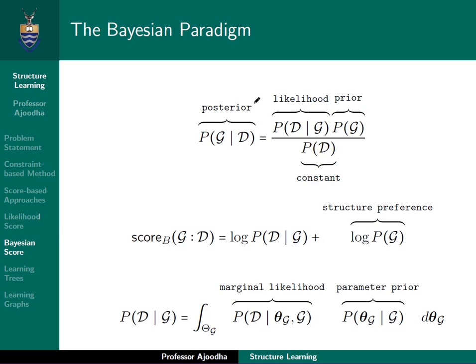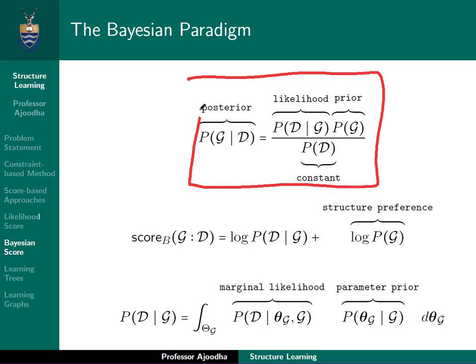So let's go back to the basics. Back to the basics means the Bayesian paradigm. What is the Bayesian paradigm in terms of structural learning? Looking at this equation, I have shown you what we mean by being Bayesian when picking a score.